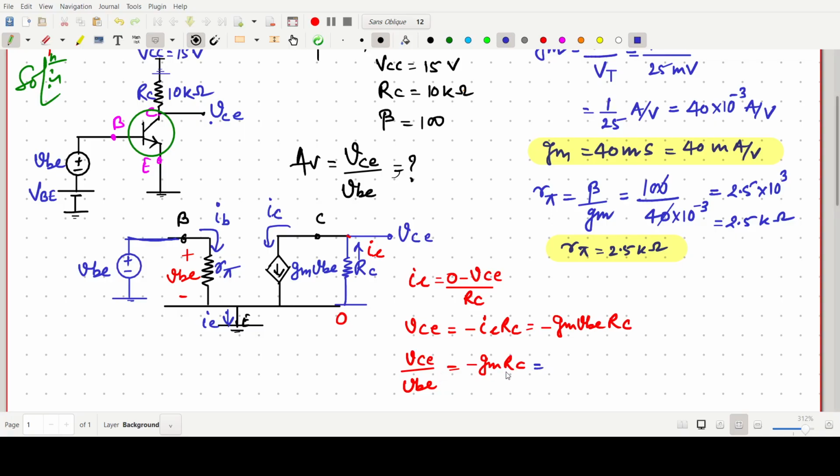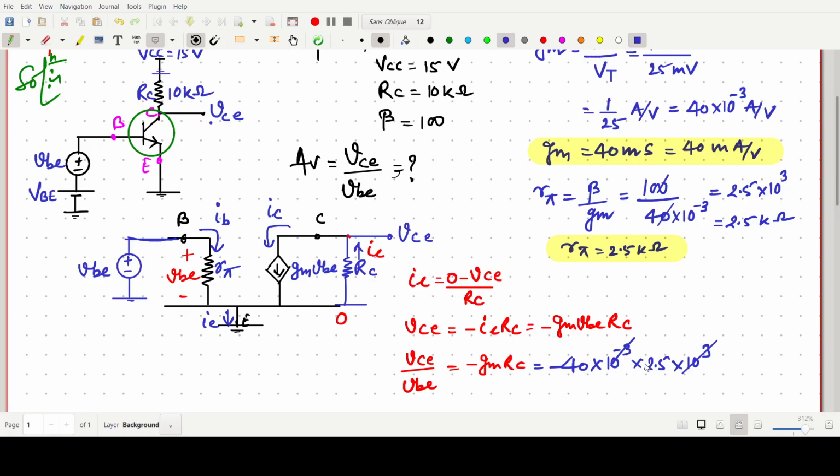So this is nothing but our gain. So minus gm, which we have already found, minus 40 into 10 to the power minus 3, and RC is our 2.5 kilo ohm. So this should cancel out. 2.5 by 40 means 2.5 into 40.